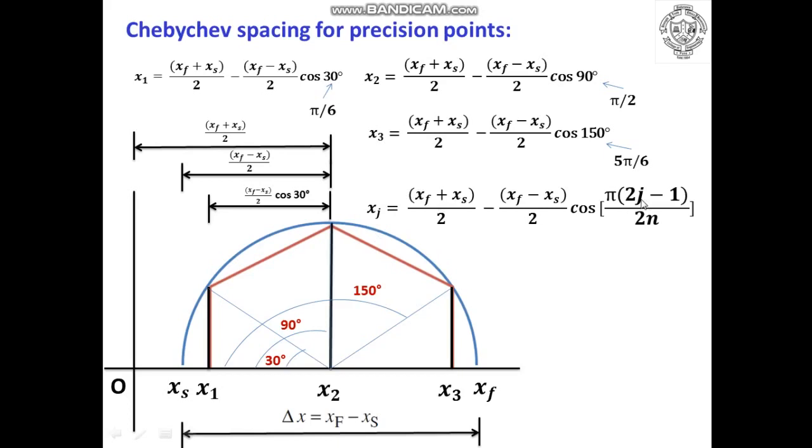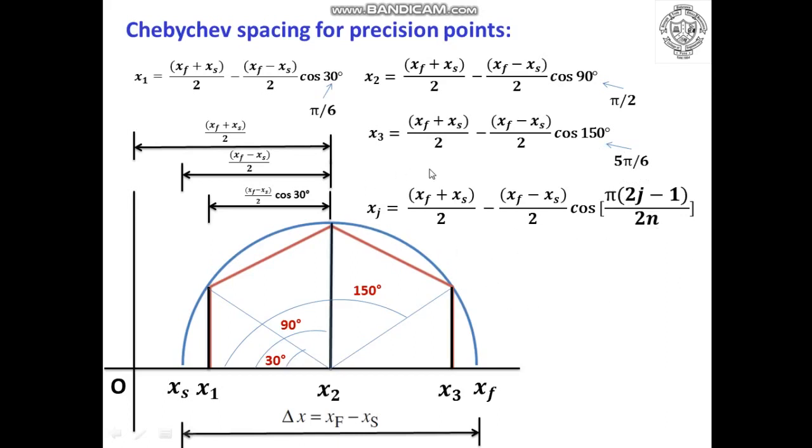So we put j equal to 3 and n equal to 3 again. We get this term as 2 into 3 as 6, 6 minus 1 as 5, so 5 pi divided by 2 into n, as 2 into 3, that is 6. So we get the answer as 5 pi by 6, which is nothing but 150 degrees.